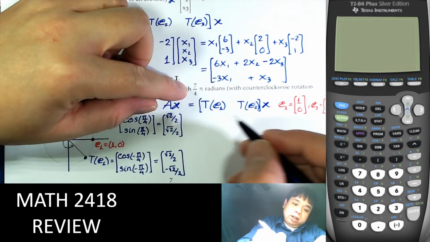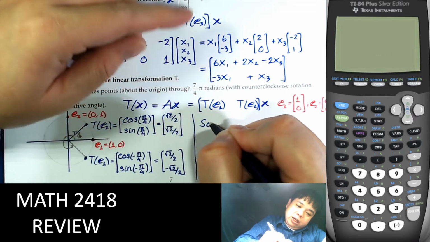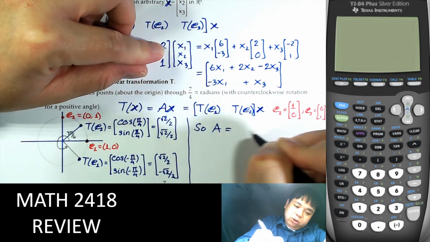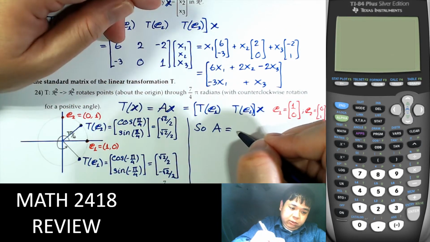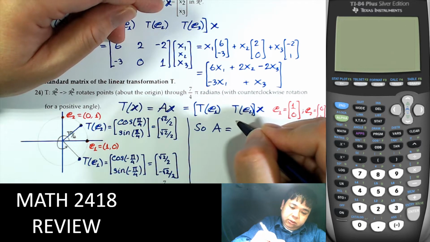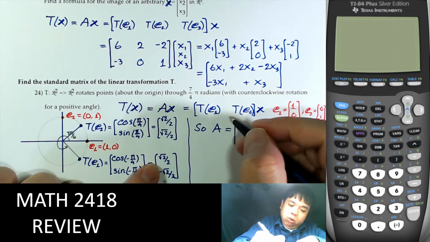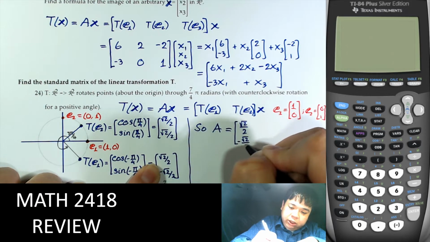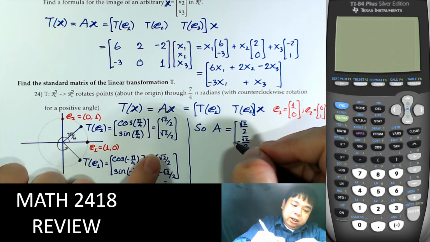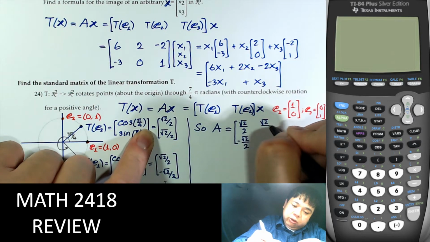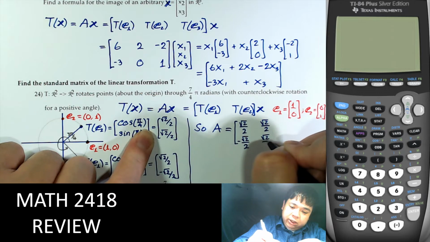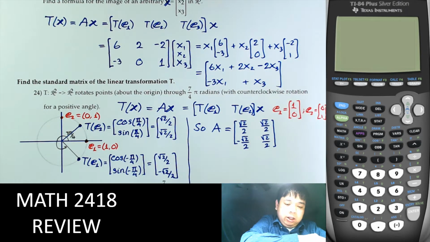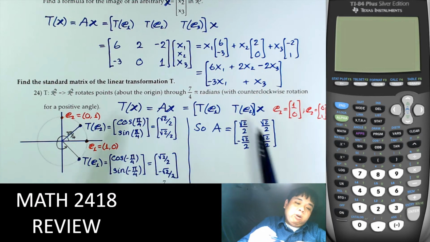Now we just put them in columns. So A equals T(E1), square root of 2 over 2 and negative square root of 2 over 2, and then T(E2), square root of 2 over 2 and square root of 2 over 2. So that is the standard matrix for the linear transformation.